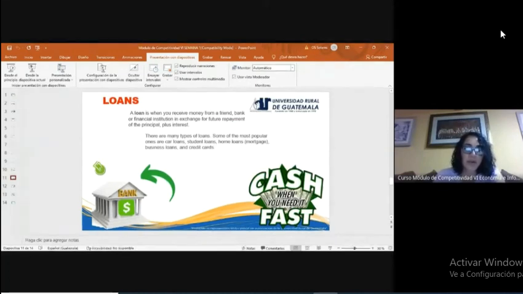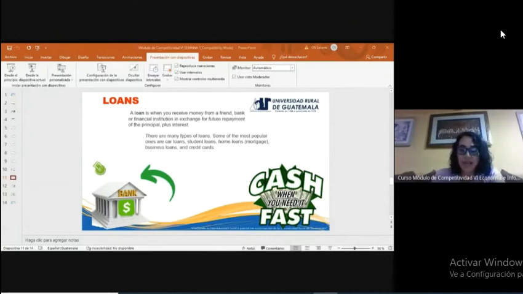And how are we going to learn what we're going to do with loans? Well, a loan is when you receive money from a friend, from a bank, from a financial institution in exchange for future repayment. But we're going to have some interest from this loan.